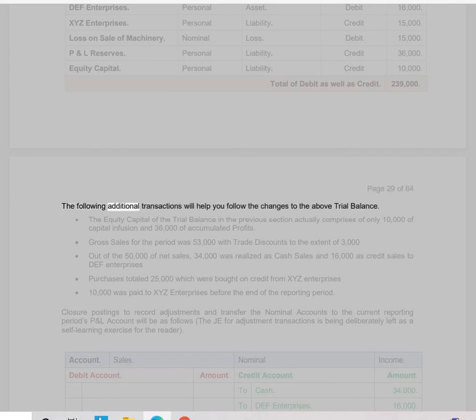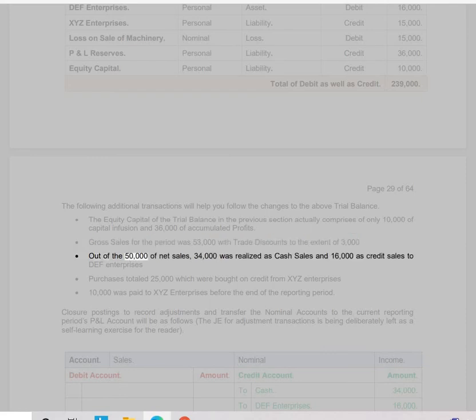The following additional transactions will help you follow the changes to the above trial balance. The equity capital of the trial balance in the previous section actually comprises of only 10,000 of capital infusion and 36,000 of accumulated profits. Gross sales for the period was 53,000 with trade discounts to the extent of 3,000.